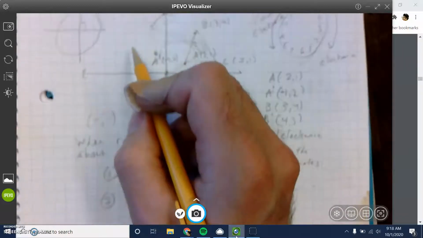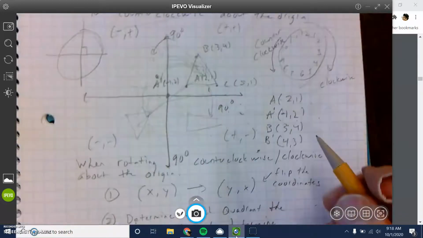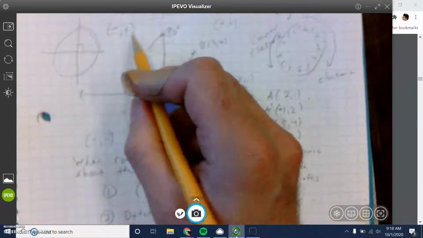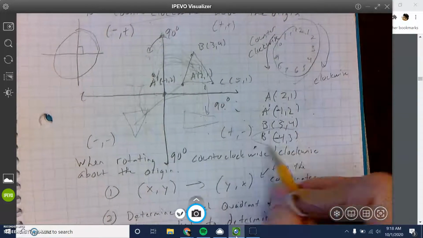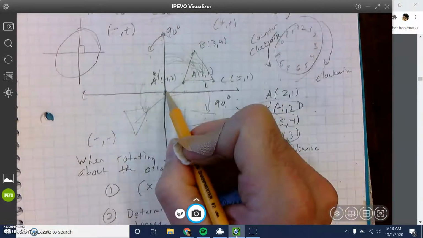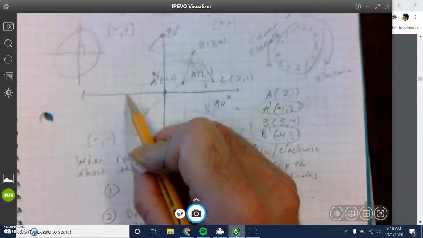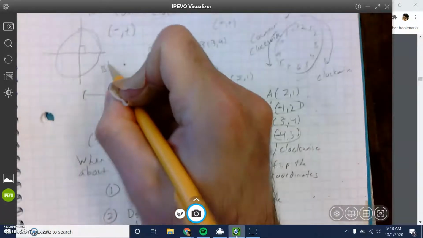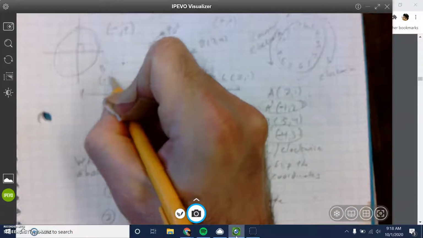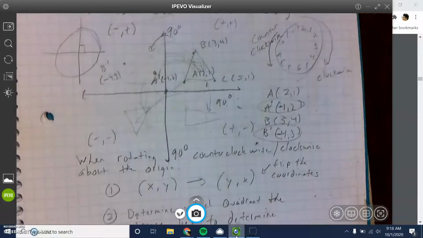The whole thing is in quadrant 2, and quadrant 2 has a negative x, positive y. So it's going to be negative 4, positive 3. So negative 4, 1, 2, 3, 4, 1, 2, 3. B prime image is negative 4, 3. Got it.